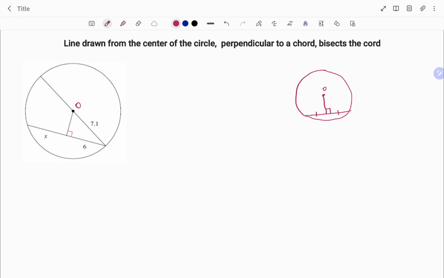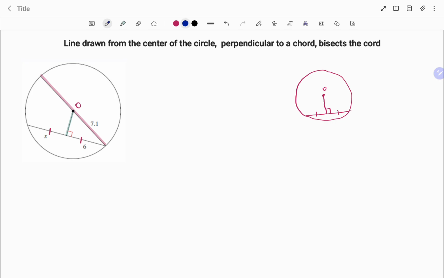If you look at the circle shown, I have the center O, so therefore this is the diameter of the circle. The line drawn from the center of the circle is perpendicular to the chord as shown, and it forms 90 degrees. Therefore, this line is equal to this line.